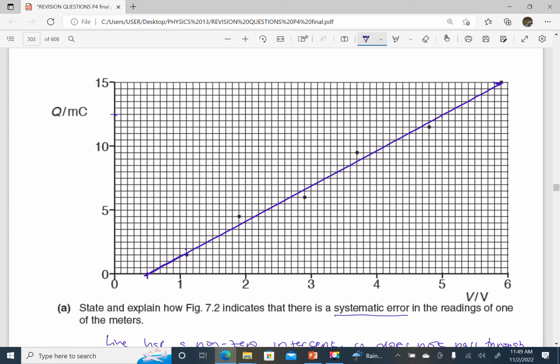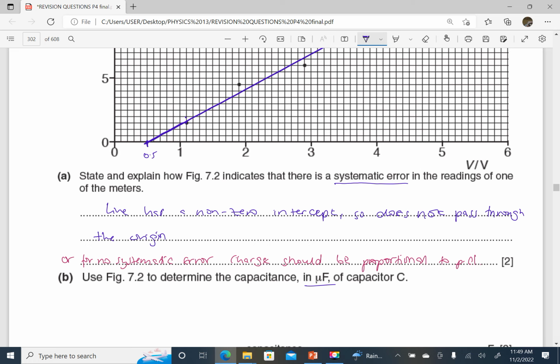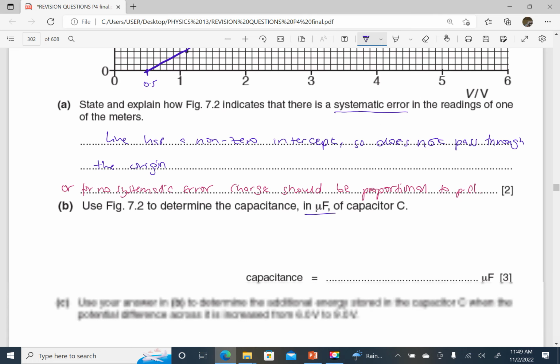Okay, so I will consider this: 12.5 against 5. And then this one is 0.5. So I will use the gradient because it is charge against V. We know that capacitance is equal to Q over V, so I can find the gradient.